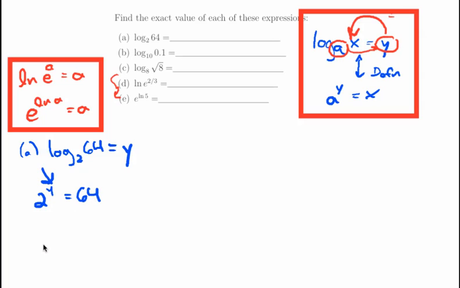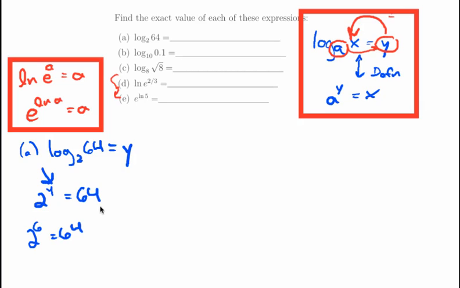Now, I can probably start guessing at these, because we don't make these Mastery Exam problems to have really strange answers. I know that 2 to the second power is 4, 2 to the third power would be 8, 2 to the fourth power is 16, 2 to the fifth power is 32, and 2 to the sixth power is 64. And so that is what my y is.